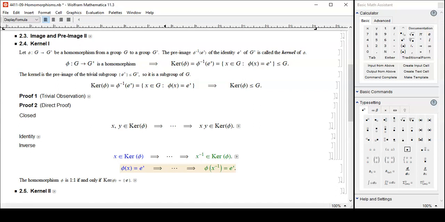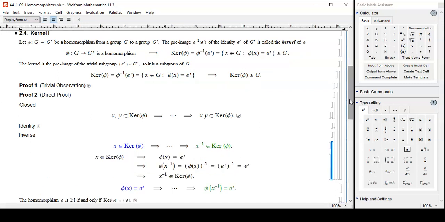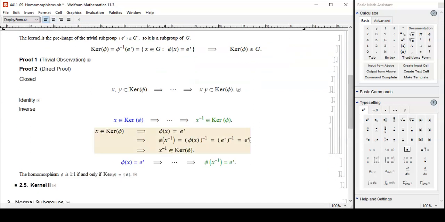So phi of x inverse is the inverse of phi of x, like this. Phi of x inverse is the inverse of phi of x. So we have E prime inverse, so it's E prime. Consequently, we get what we want. X inverse belongs to the kernel.